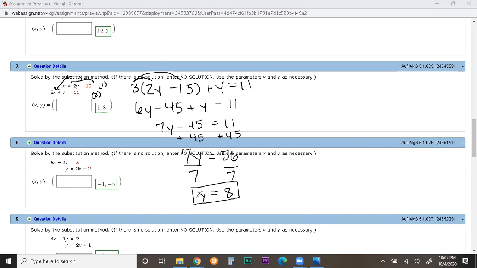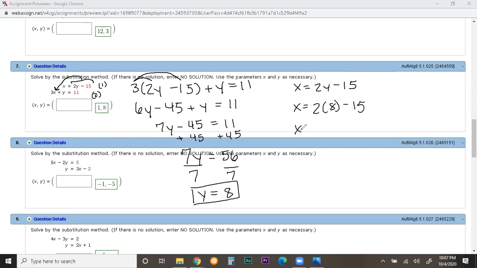Now, pay attention. After we have y, we plug it back into this first equation. x equals 2y minus 15. We plug the 8 in here for y.